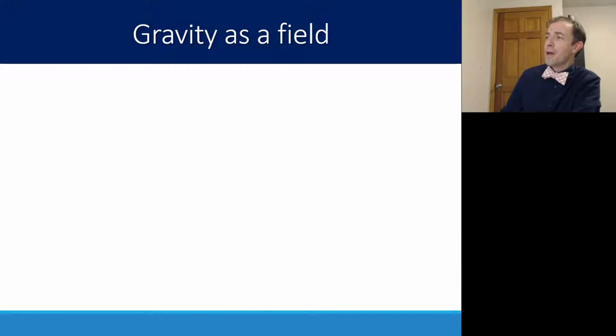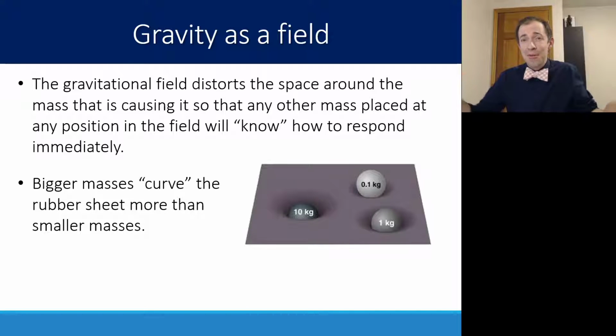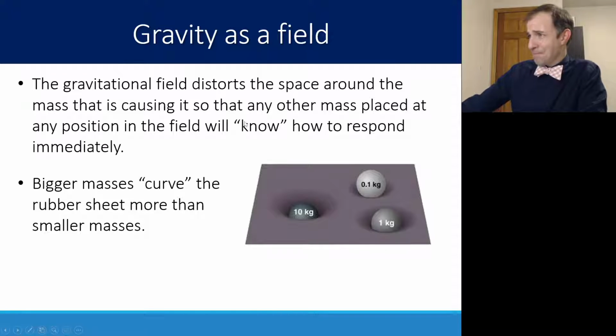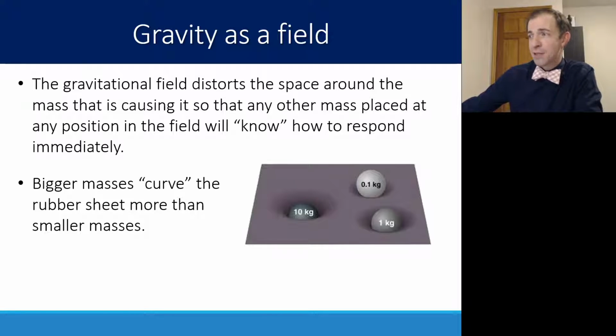Where this can become really useful is imagining these multiple massive bodies all distorting space-time a little bit differently. And this gravitational field distorts, and it allows the field to kind of factor in these different masses that are around. So bigger masses will curve the sheet more than the smaller masses.